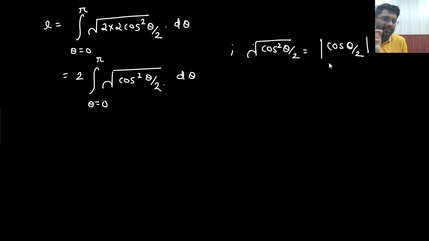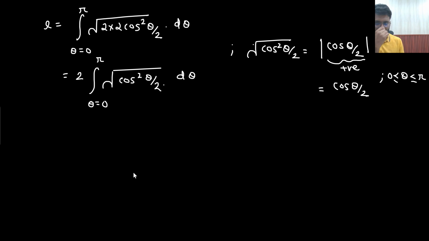So when theta is between 0 to pi, the value inside is always positive. So this can be opened as cos theta by 2 dot d theta.